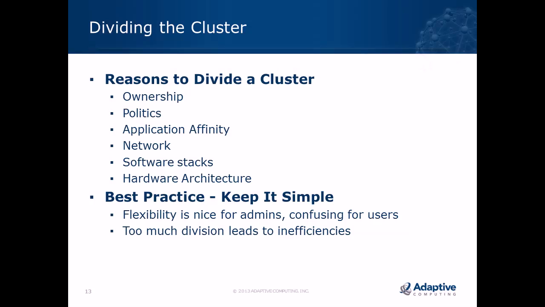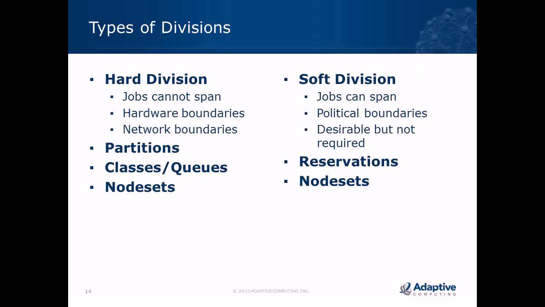By that I mean that you may block off a certain set of nodes for a certain group, but then those nodes hardly go used, and so lots of other inefficiencies on the system. So let's talk about the ways to divide a cluster and the reasons to use the different types of cluster divisioning mechanisms and theories inside of Moab.